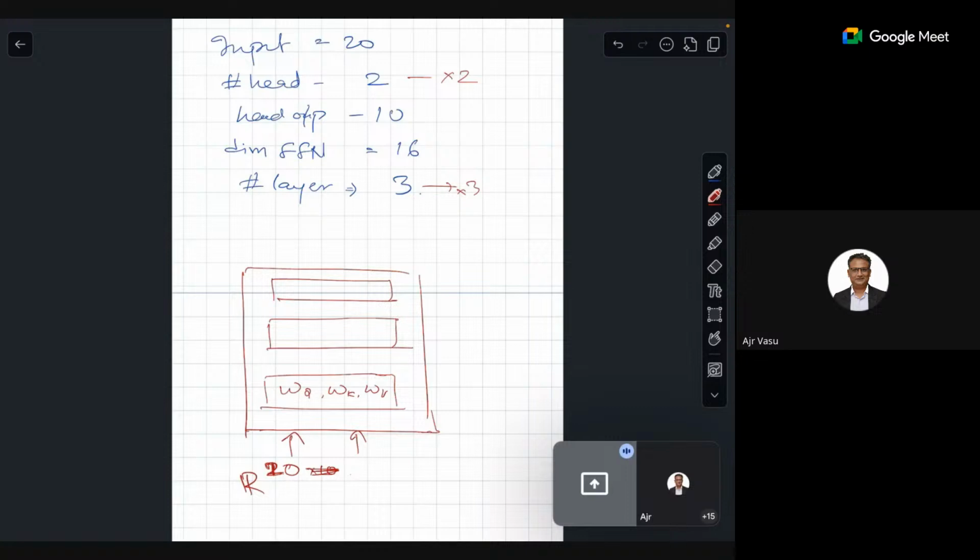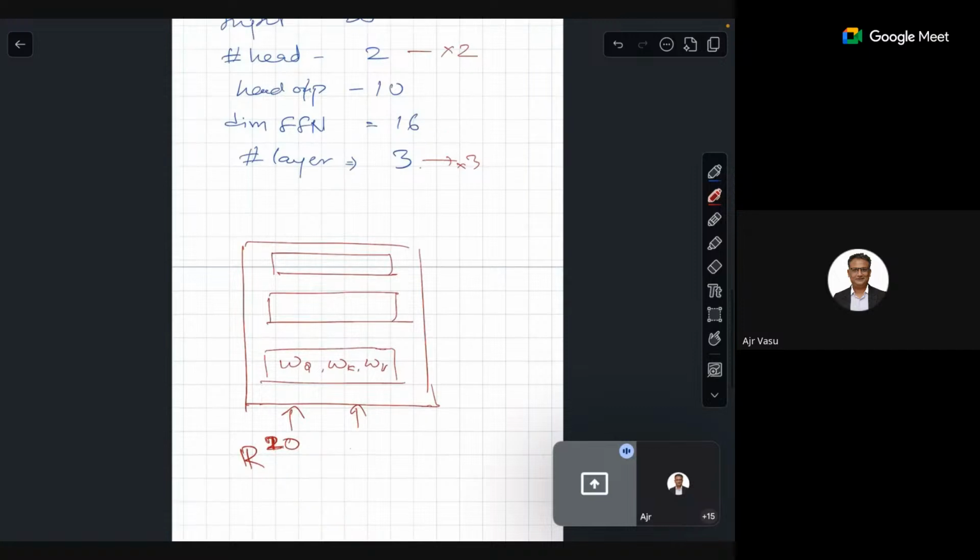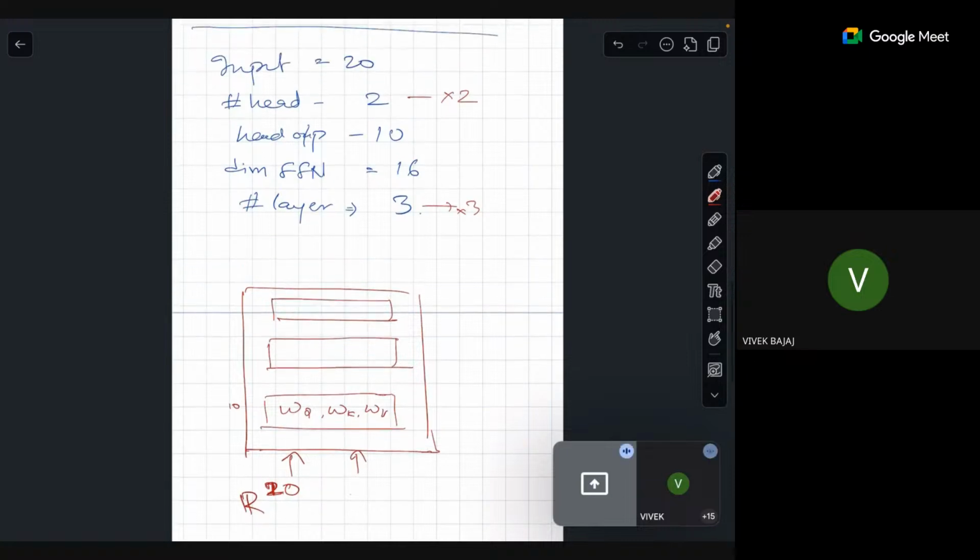Let's figure it out. What we are saying right now is I am feeding in a 20-dimensional embedding, and the head gives me an output in 10 dimensions. And there are 2 heads. When I concatenate 10 and 10, I get 20, so that is already taken care of.